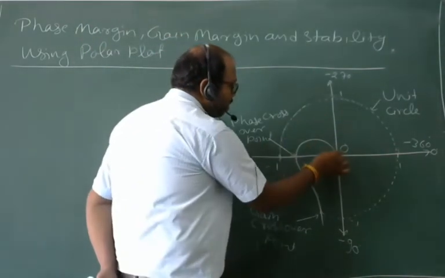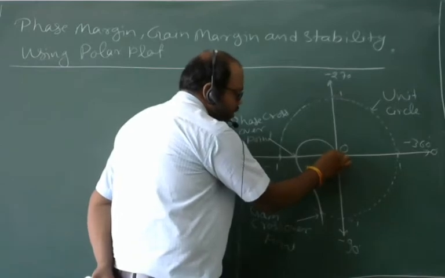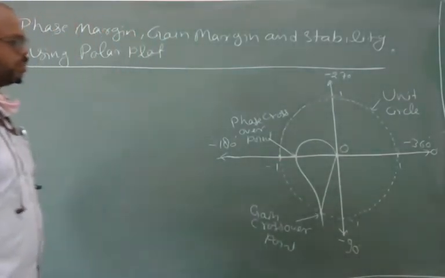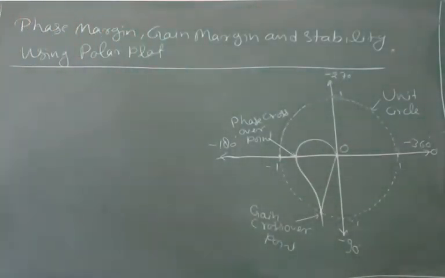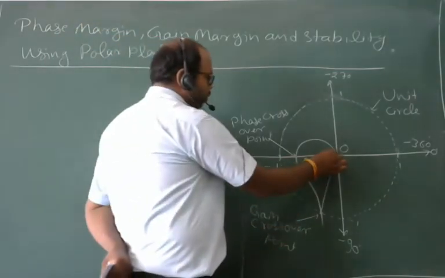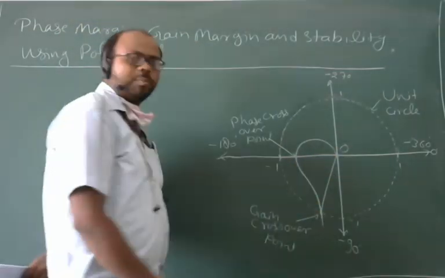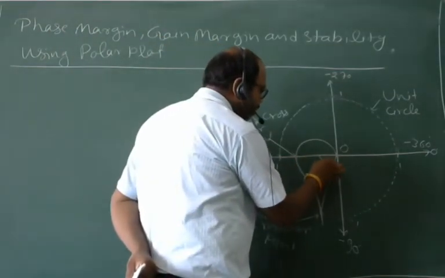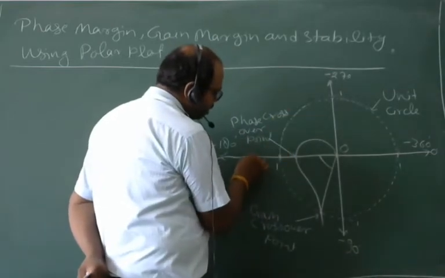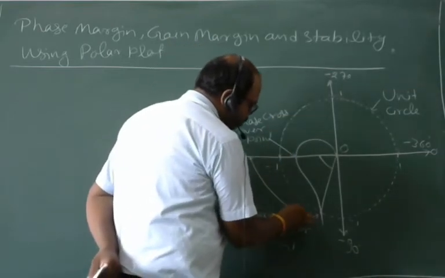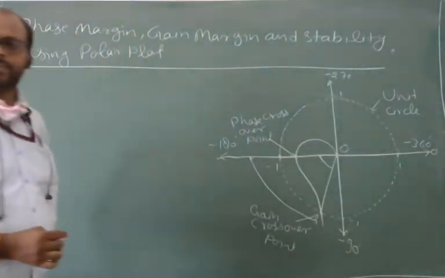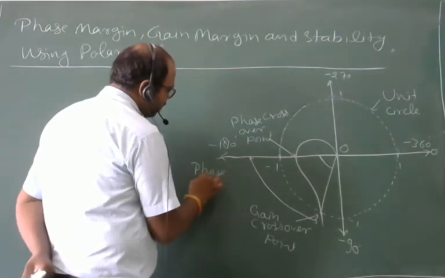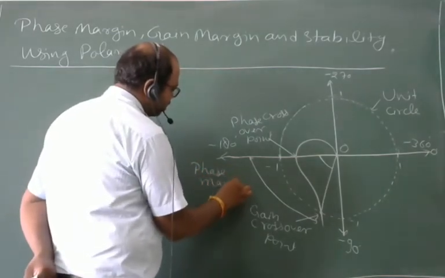Now, draw a vector from this origin to this gain crossover point, and this angle from here to here is called phase margin.